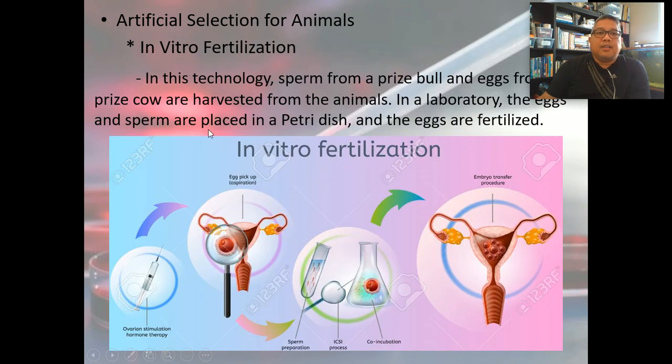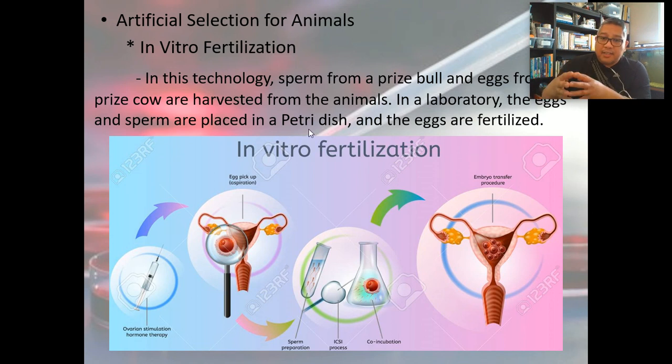Next, another process for animals is in vitro fertilization. In this technology, sperm from a prize bull and eggs from a prize cow, a female, are harvested from the animals. In the laboratory, the eggs and sperm are placed in a petri dish, and then the eggs will be fertilized.